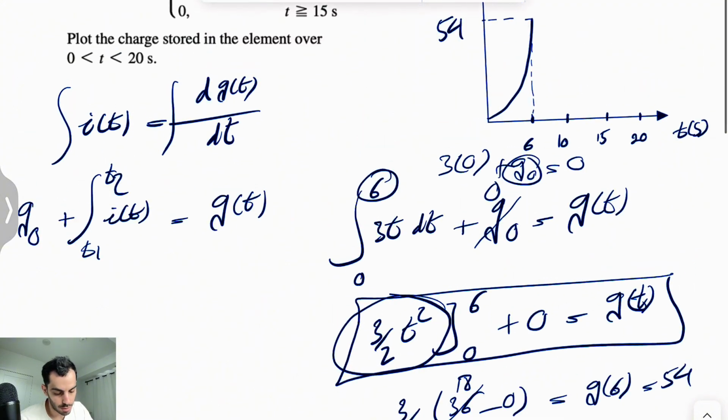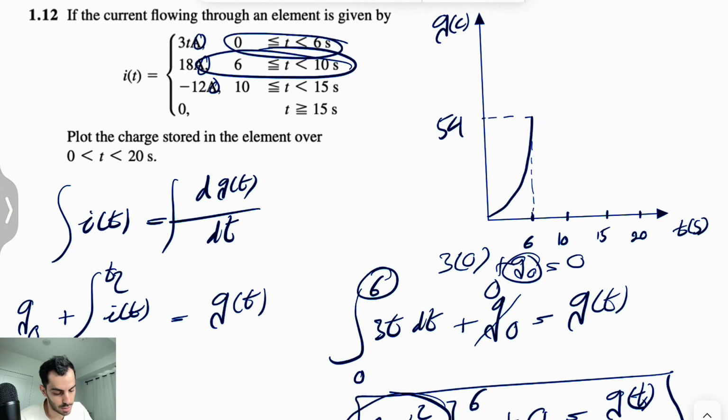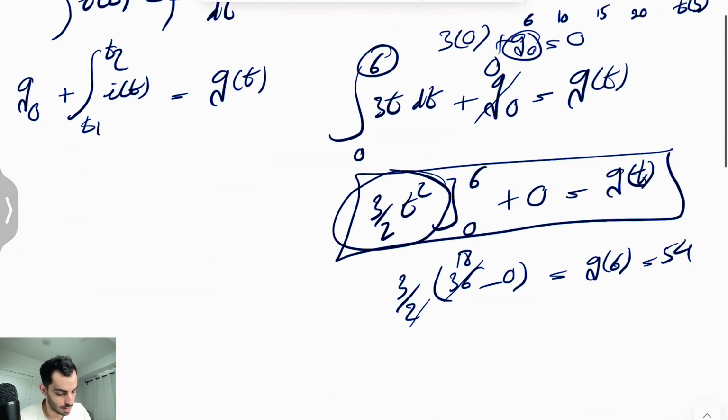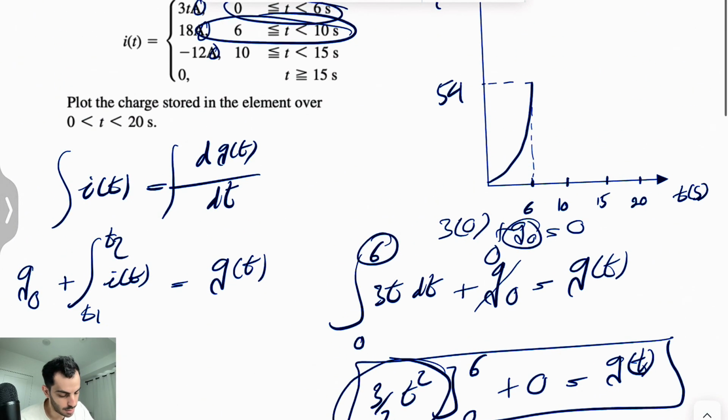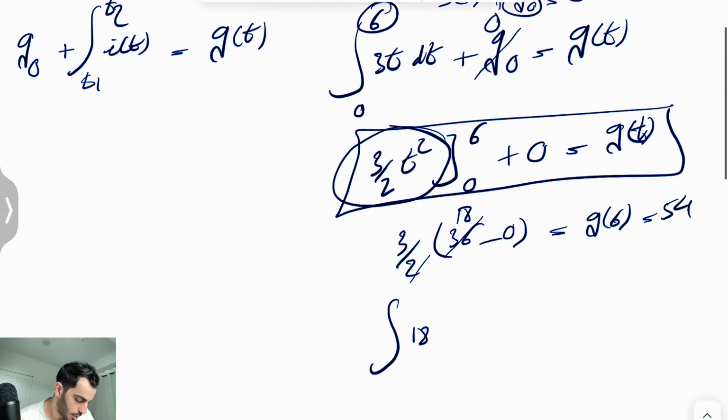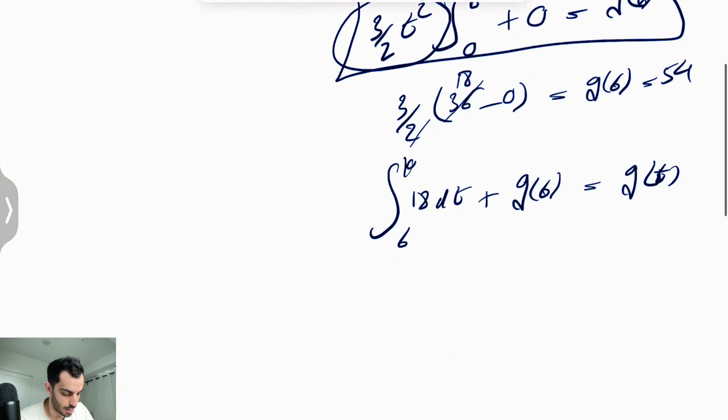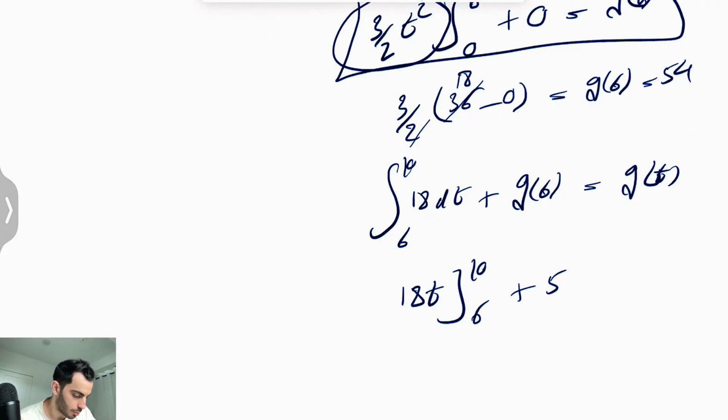Now we're going to move on to the second interval, from 6 to 10 seconds. We're going to have the same story. We have a constant value of 18. So 18 dt from 6 to 10 plus q of 6, which is what we had in the previous step. This is going to be 18t going from 6 to 10 plus 54, which gives us the q at 10.